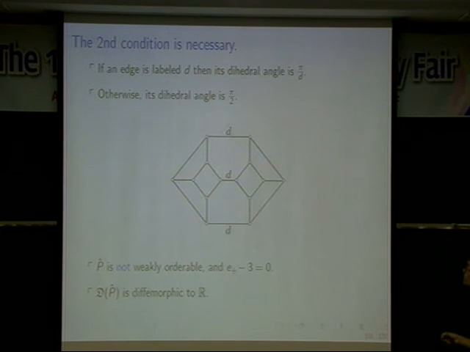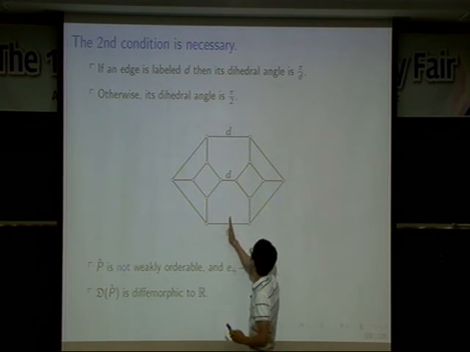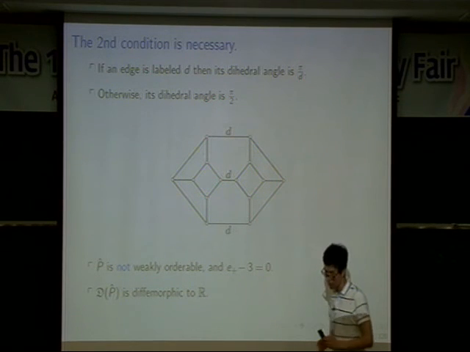So this polyhedron does not satisfy the weakly orderable condition. But E plus minus 3 is simply 0 because the E plus is 3. But this polyhedron has a symmetry along this hyperplane.